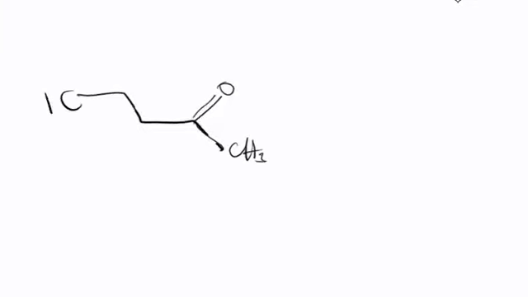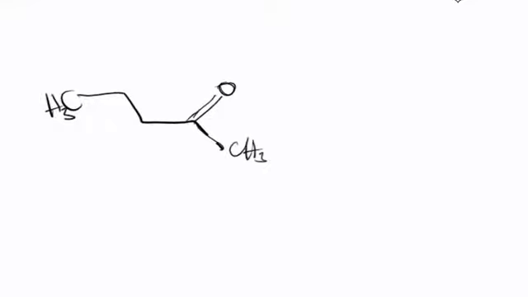Now we say the carbon bearing the ketone functional group is given the lowest possible number. For instance, if I have this, with CH3 and CH3, I'll see that I have my ketone group here.